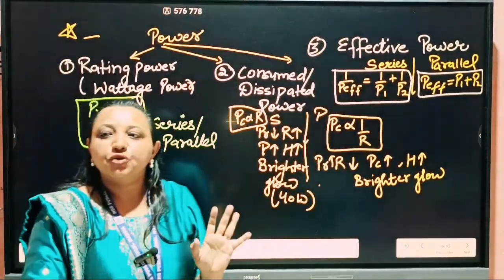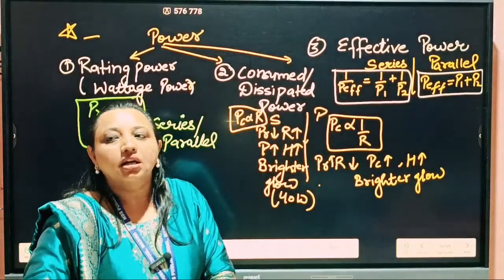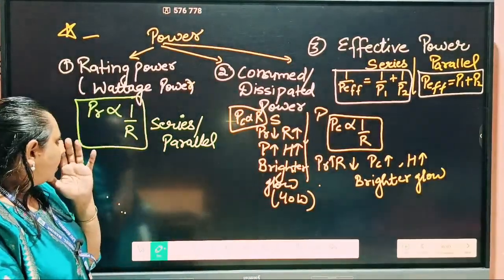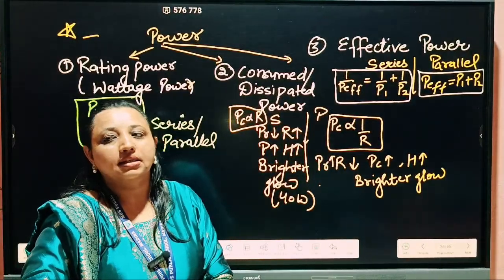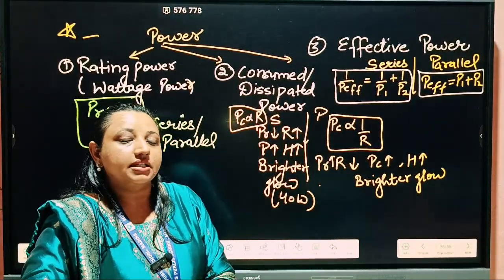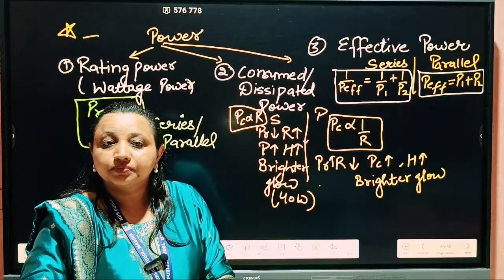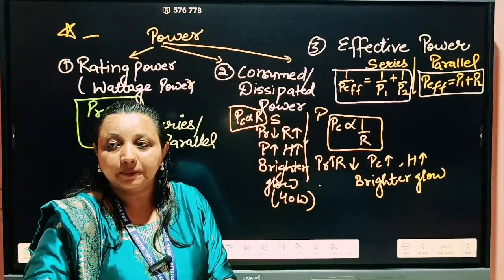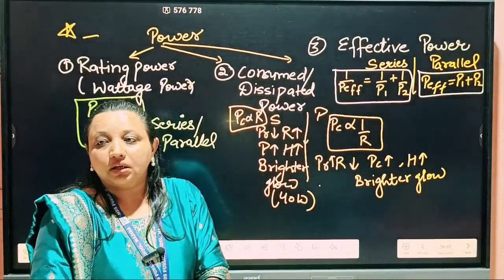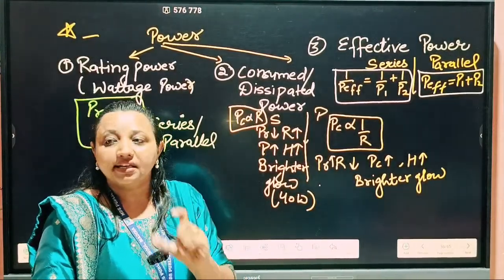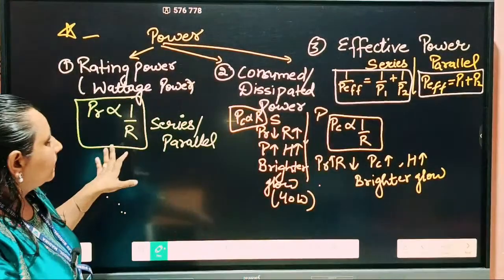Rated power is inversely proportional to the resistance. Among 40 watt and 100 watt, which one has the greater resistance? 40 watt. Inversely, so the one whose rated power is less will have more resistance. So 40 watt offers higher resistance, right?